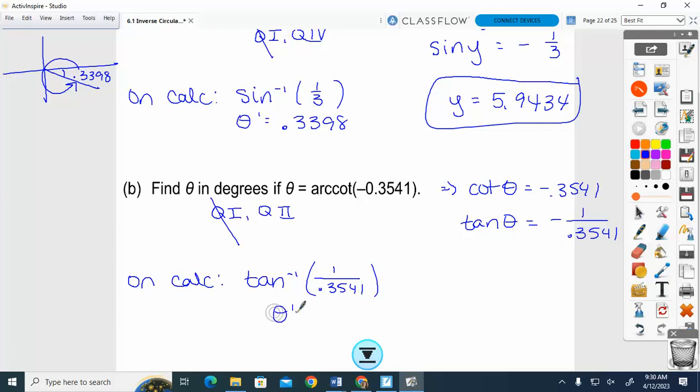That gives 70.5009. How would I put that in quadrant 2? You do 180 minus the 70.5009.